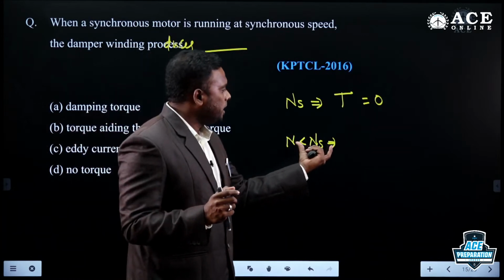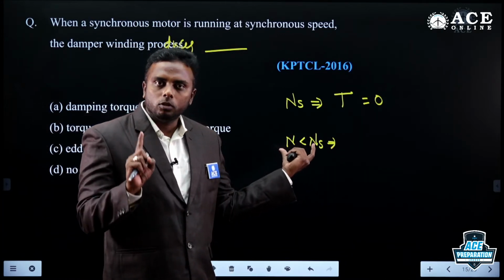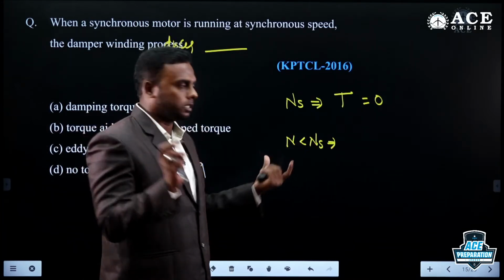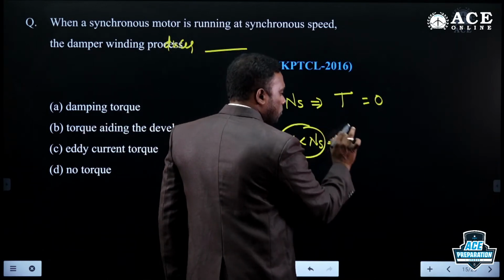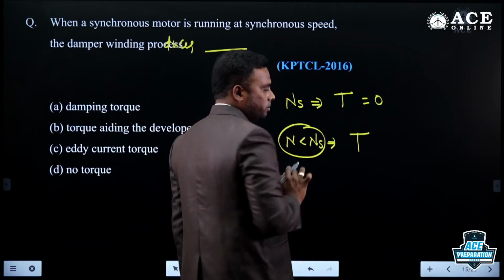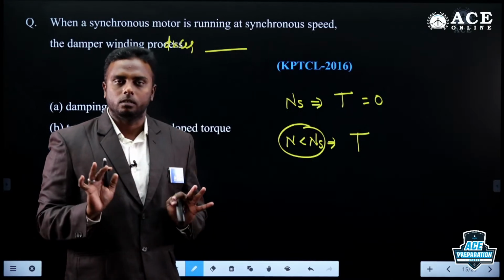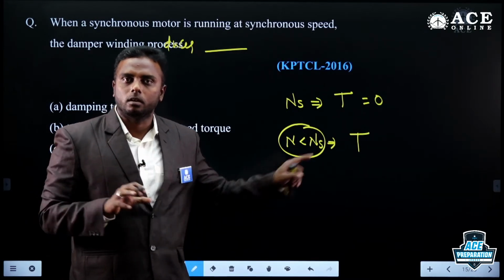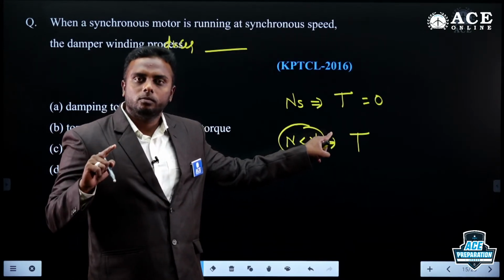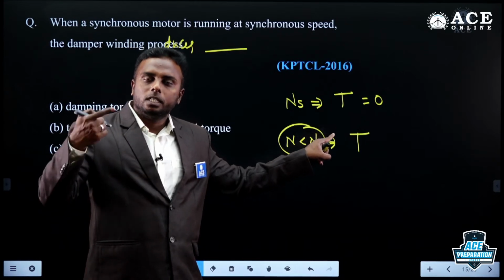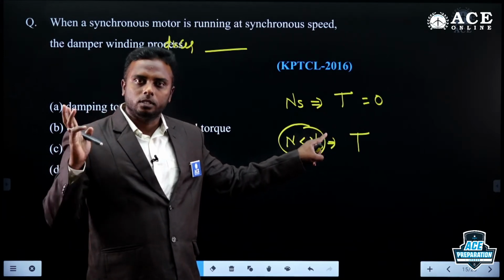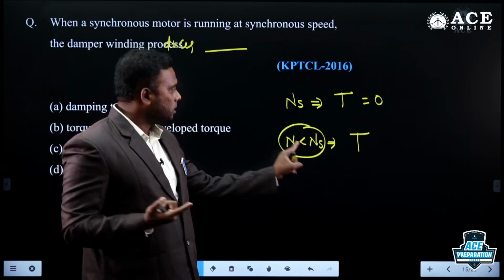N less than Ns means which motor action is it? Induction motor action. So due to this, a torque will develop in the damper winding. Now what is the direction of this torque? In the same direction as the synchronous motor torque, or opposite? It is in the same direction, because it is motor action.